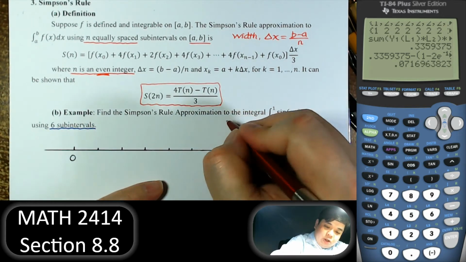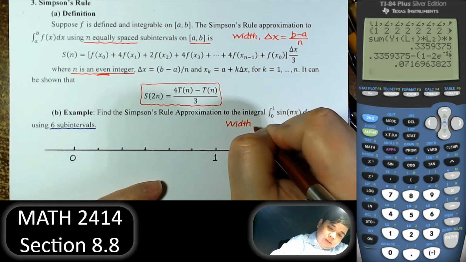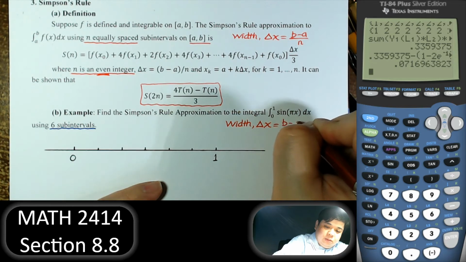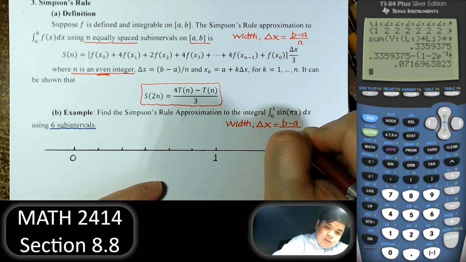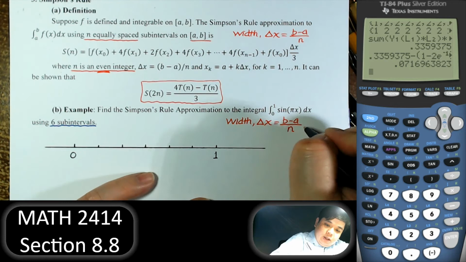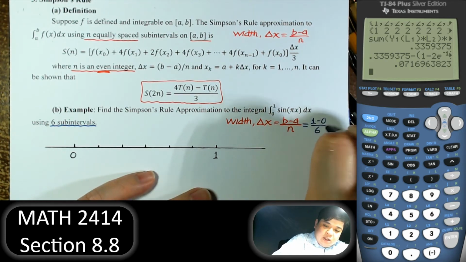First thing we do, of course, is always the width. So 1 minus 0 divided by 6 is 1 over 6.